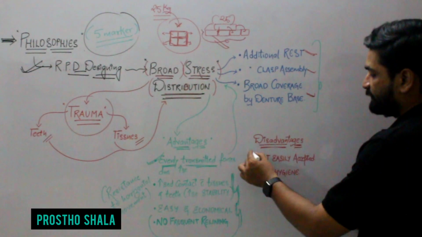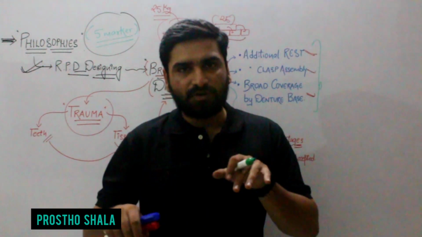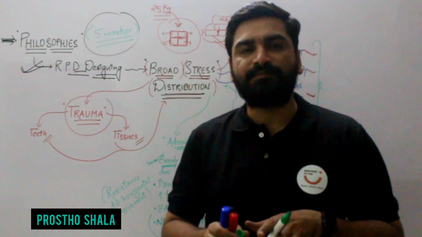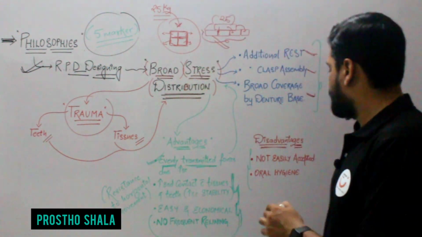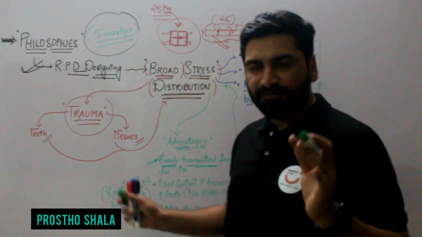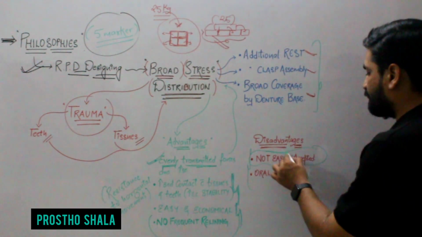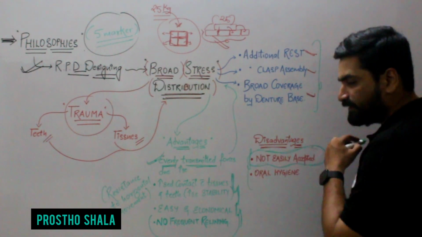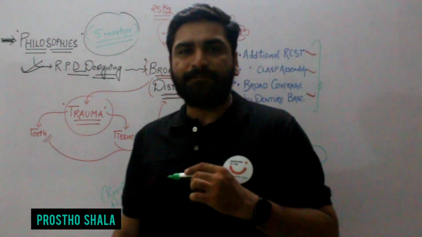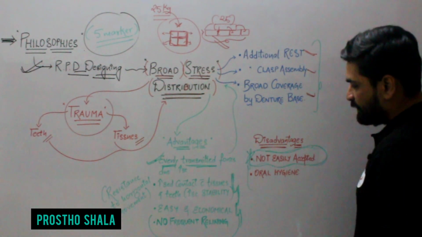When I talk about the disadvantages, as you give more clasps, occlusal rests, indirect retention, and a bigger denture base, the patient might not easily accept the denture. The patient wants something easy and confined. But over time, if you have a good rapport with the patient and you know how to manage the patient psychologically, you can surely rule out this disadvantage.